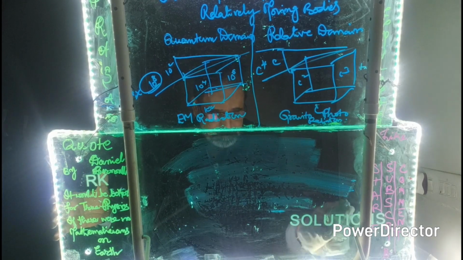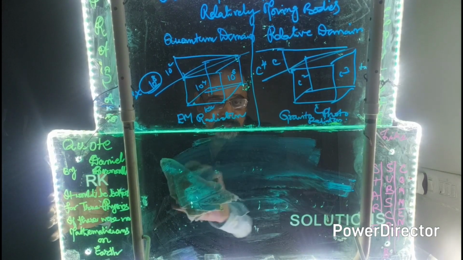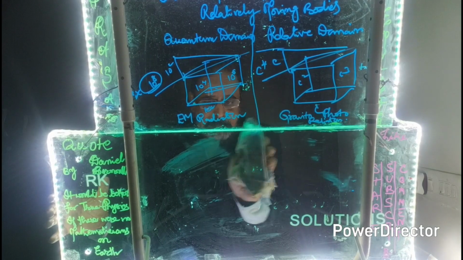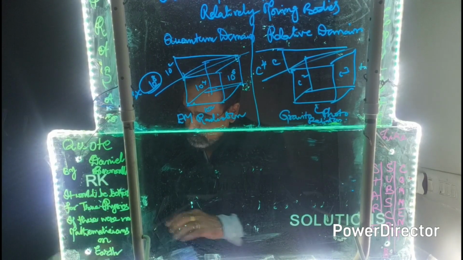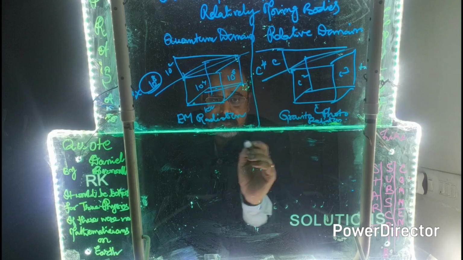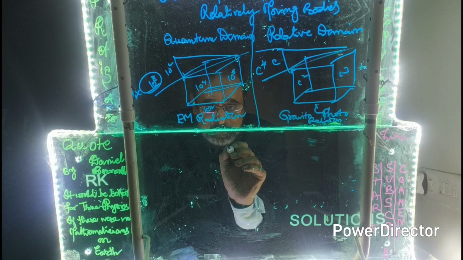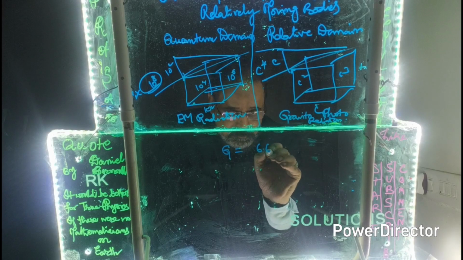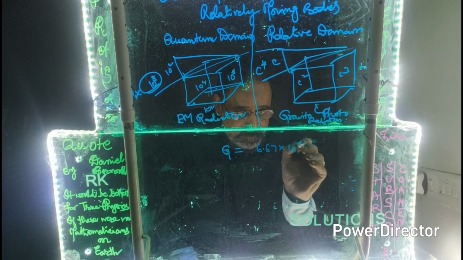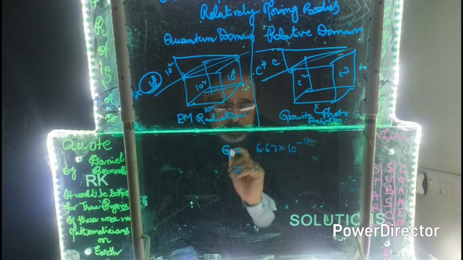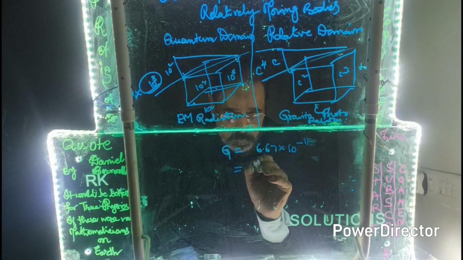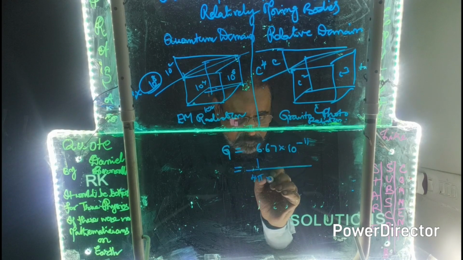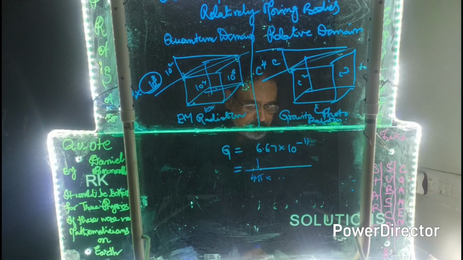So what I did was I tried to convert G, which is 6.67 times 10 raised to minus 11, into 1 by 4 pi into something, right?